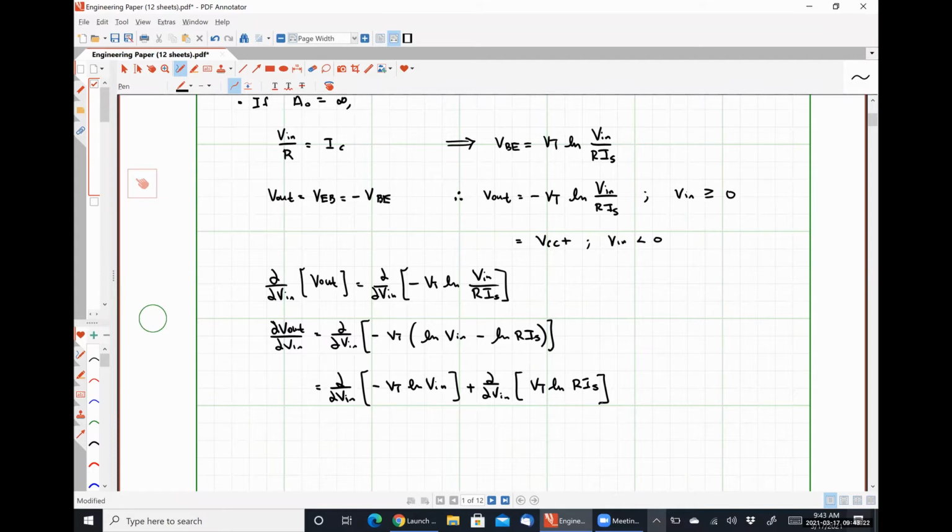Everything in that rightmost term is a constant, right? Vt is a constant, R is a constant, Is is a constant, so we're taking the derivative of a constant value. This whole term goes to 0.